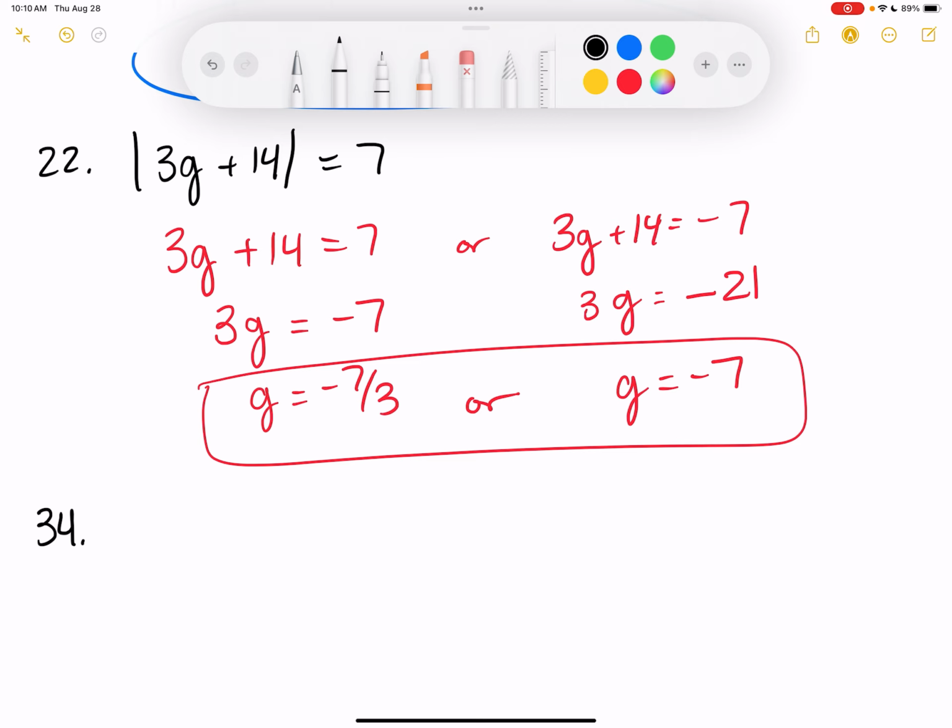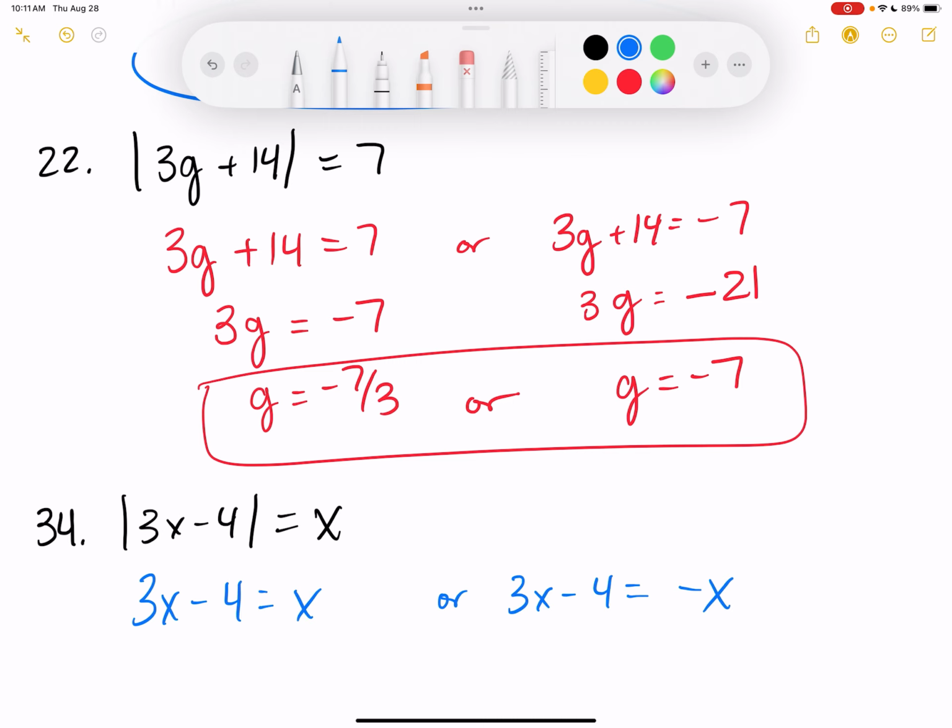So 34 is the absolute value of 3x minus 4 is equal to x. We're going to treat this like we did the previous ones. We're going to set it up twice. So it's 3x minus 4 equals x, or 3x minus 4 equals -x.